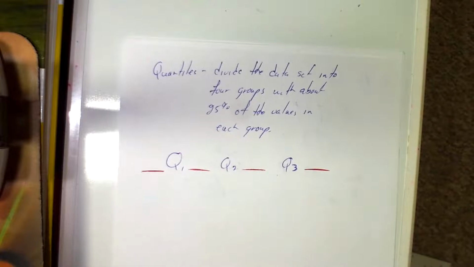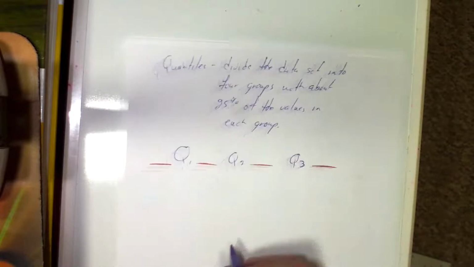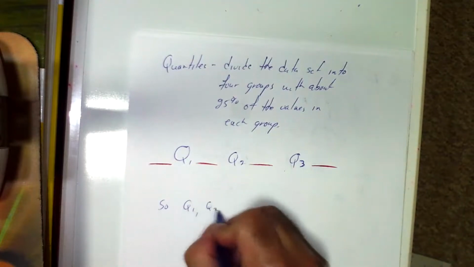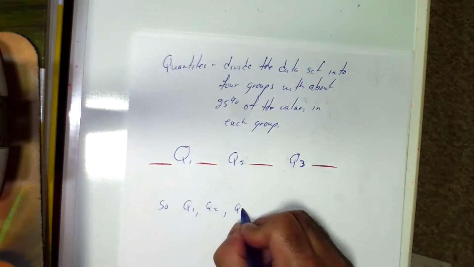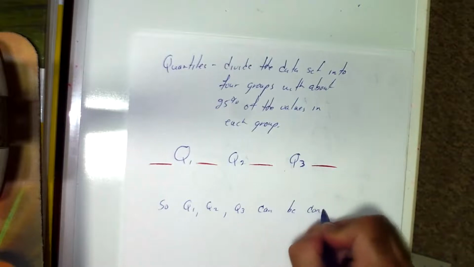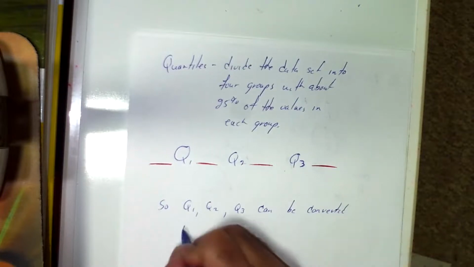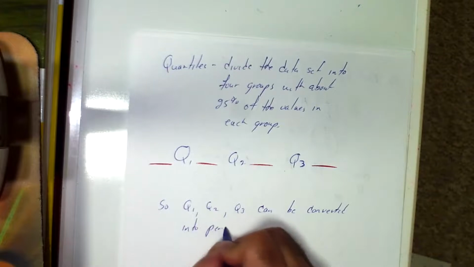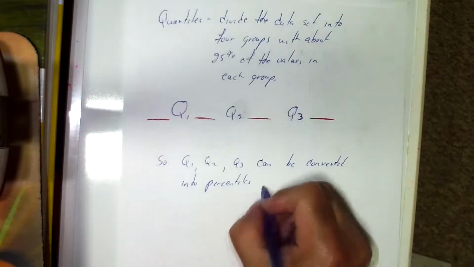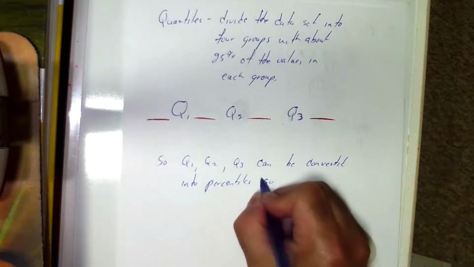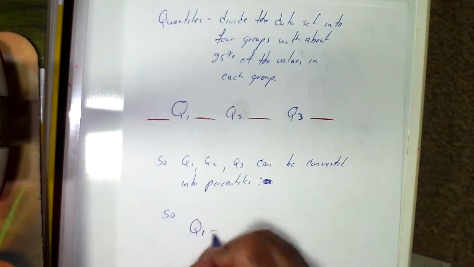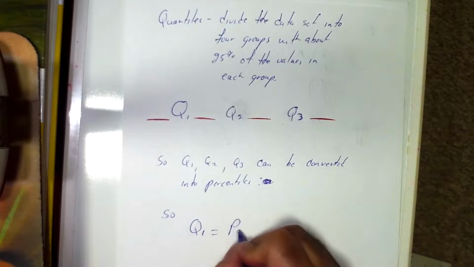You can convert Q1, Q2, Q3 into percentiles. Q1 is really P25.